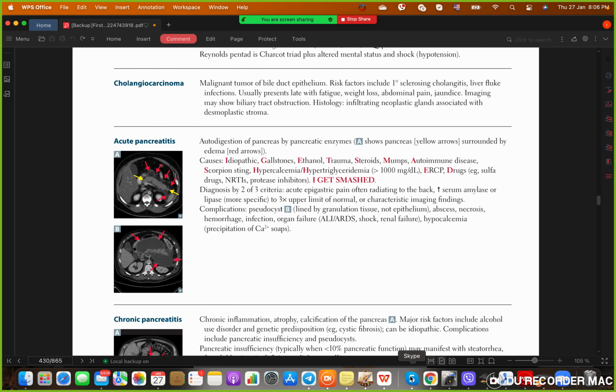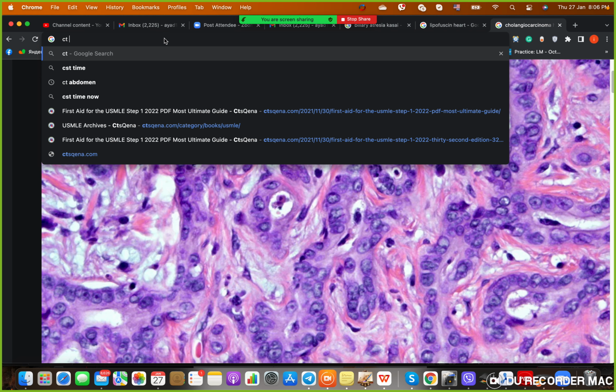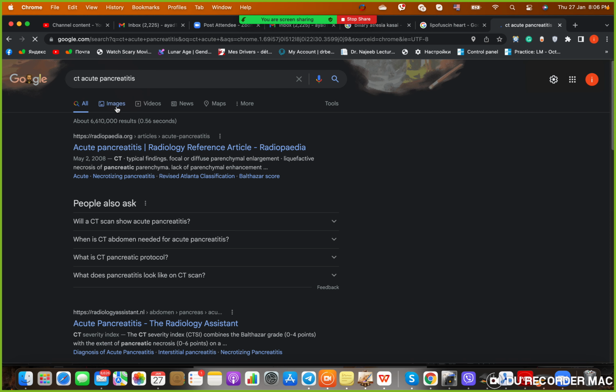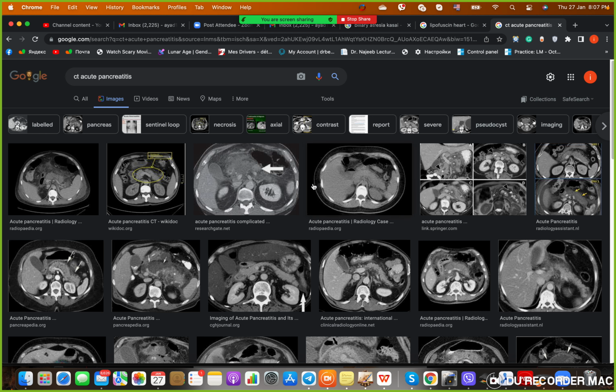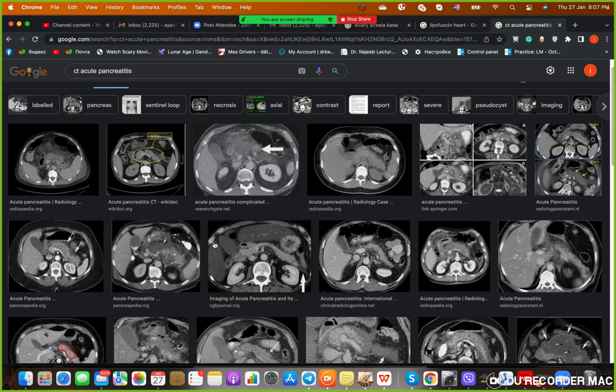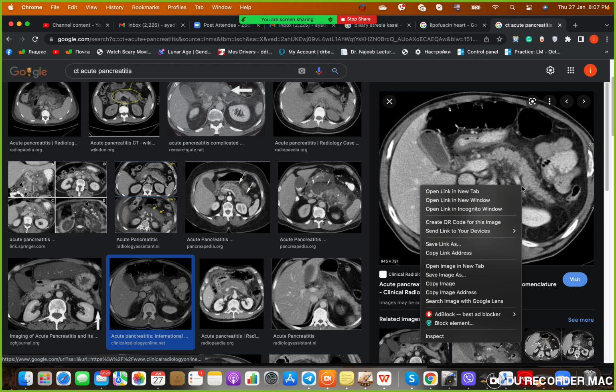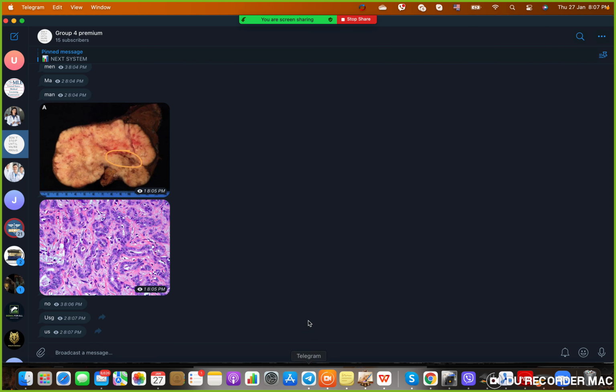And you need to know the CT finding of it. By the way, guys, make a little note. Gallbladder, what is the best test for it? So for gallbladder, it's USG, that's correct.